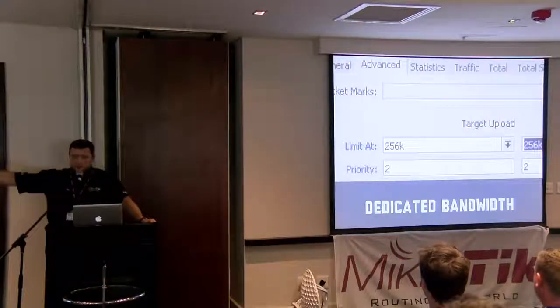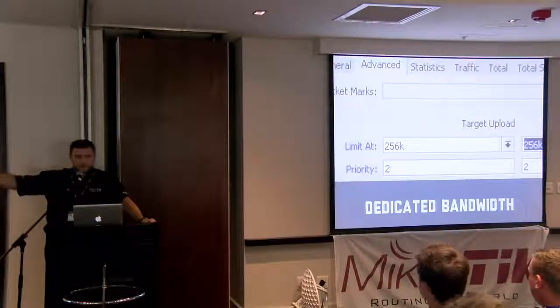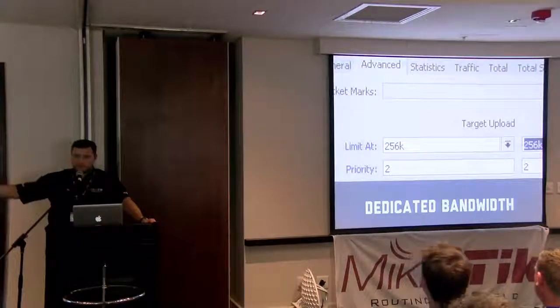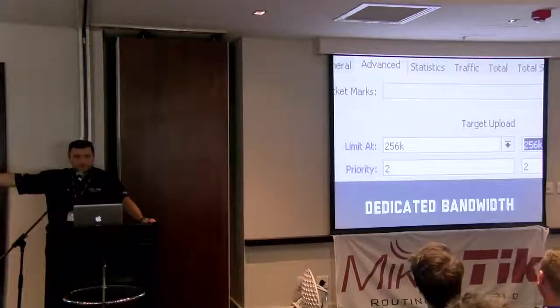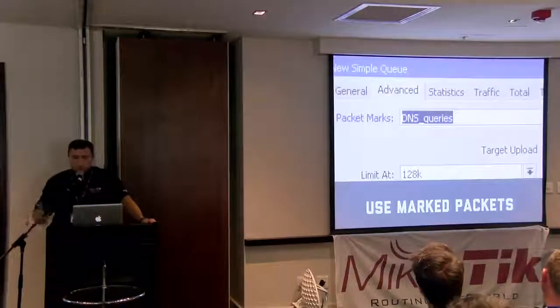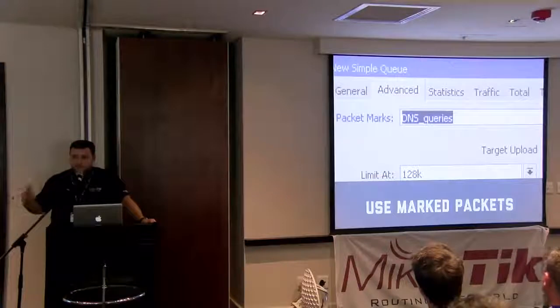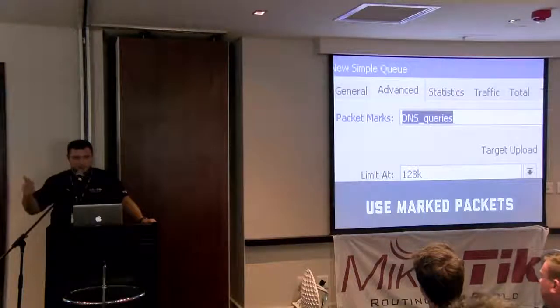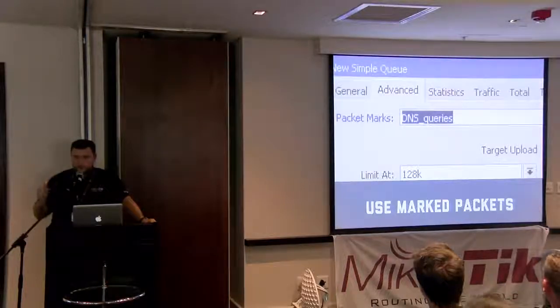I can set up the priority, where 2 is better than 8. 8 is the worst priority, 1 is the best priority. So I can set up high priority for that traffic. And the third option that I mentioned is DNS. I can mark the packets that go to DNS and allocate to those DNS queries some dedicated bandwidth.